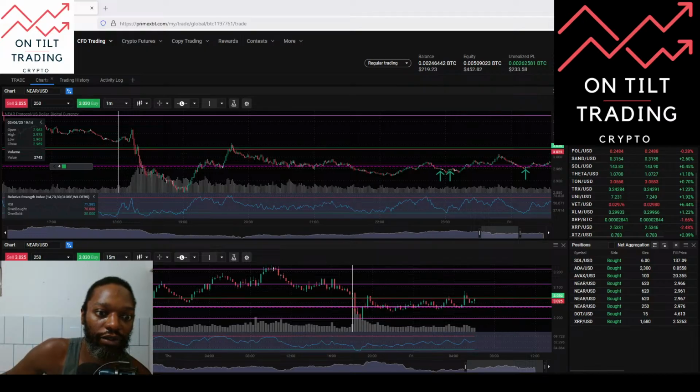So buyers found support here, with all this volume taking place down here. This is where support was found, and you can see they're able to drive the price back up into an overbought range for quite some time above S4.